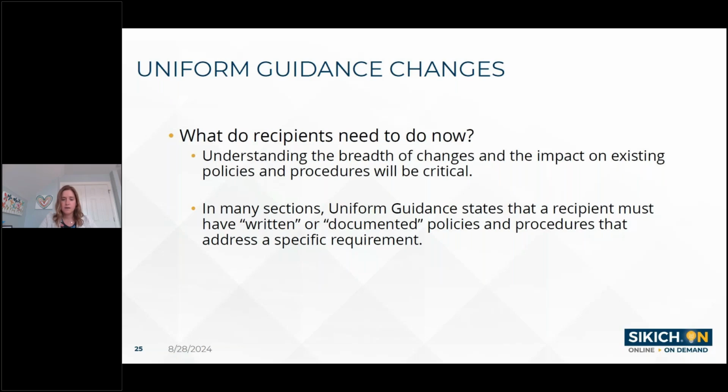In many sections of this new uniform guidance, it does state that a recipient must have written or documented policies and procedures that address a specific requirement. So start now to evaluate and determine a process for anything that needs to be updated or changed by the organization.